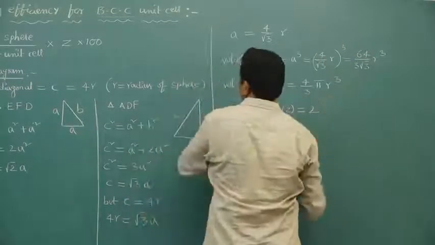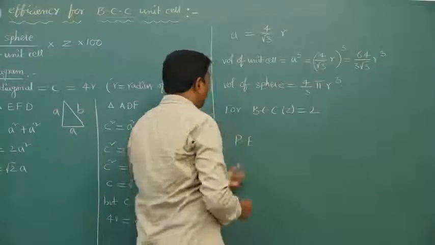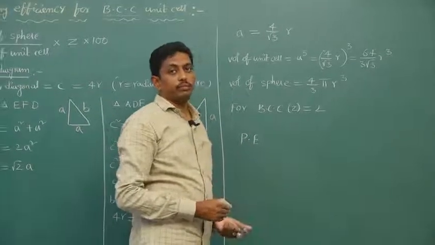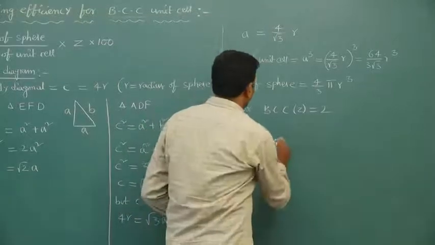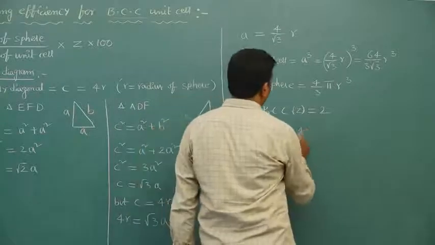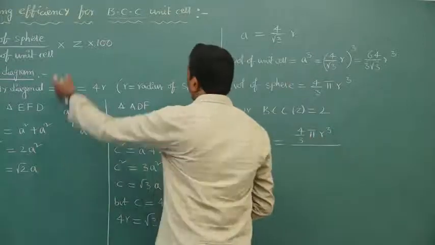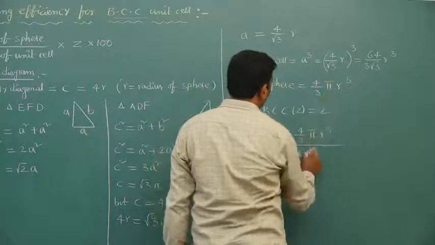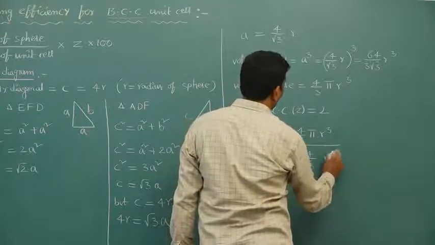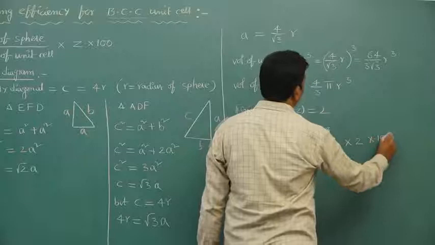So, if we substitute all these in the packing efficiency formula, packing efficiency, simply I am writing PE. For the exam, you need to write the full form. So packing efficiency is equal to volume of sphere, 4 by 3 pi R cube, by volume of unit cell, which we calculated as 64 by 3 root 3 R cube, into Z value 2, into 100.